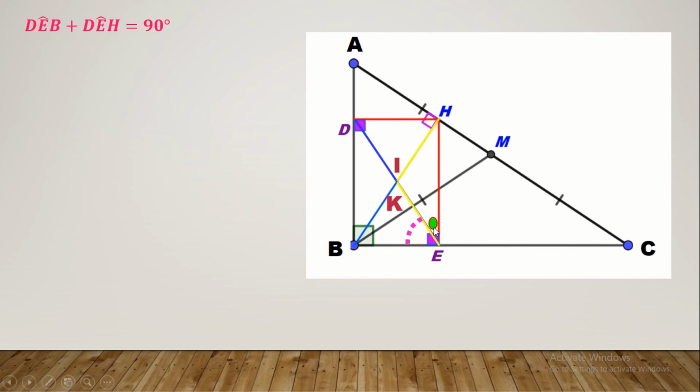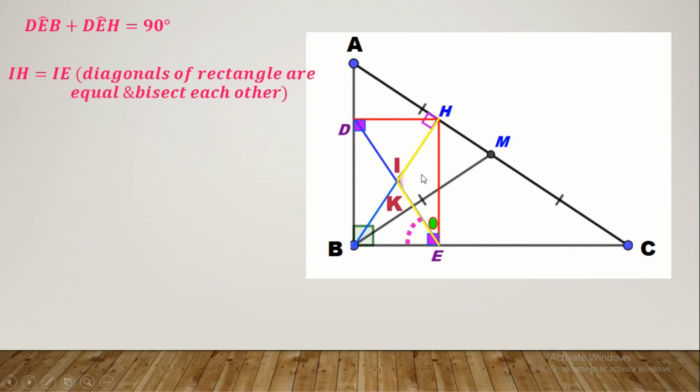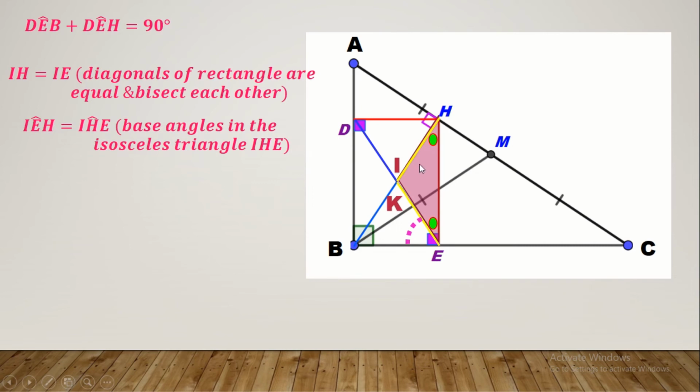Well, we have the diagonals of a rectangle are equal and bisect each other. Now can't we say that IH is equal to IE? Two equal sides give us an isosceles triangle, then the base angles in this isosceles triangle are equal. So we can say that the angles IEH and IHE are equal as base angles in this triangle.